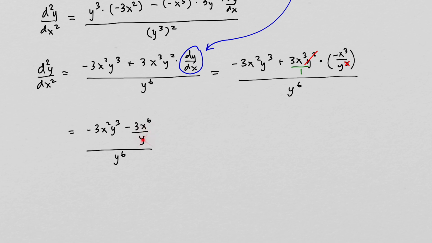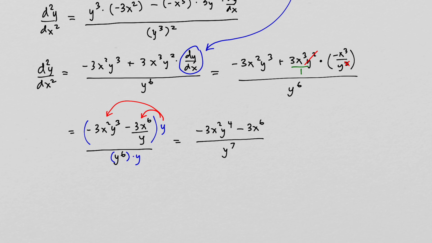Now, we still have a complex fraction here, so to take care of that, I'm just going to multiply the top and bottom by y. Because doing that will cancel out the y here. Do keep in mind that you have to multiply this to each one. And so this becomes negative 3x squared y to the 4th minus 3x to the 6th divided by y to the 7th.